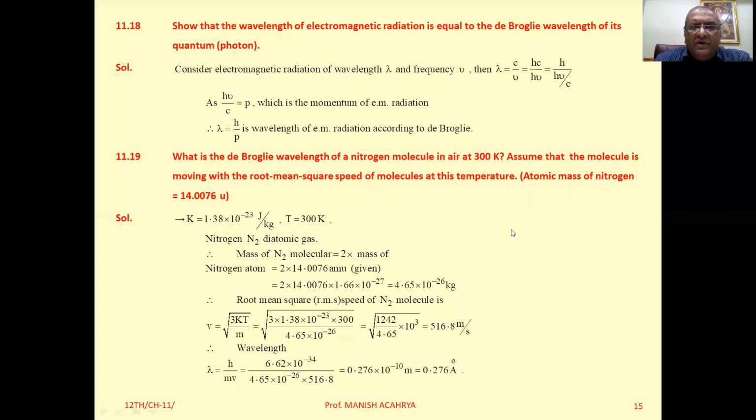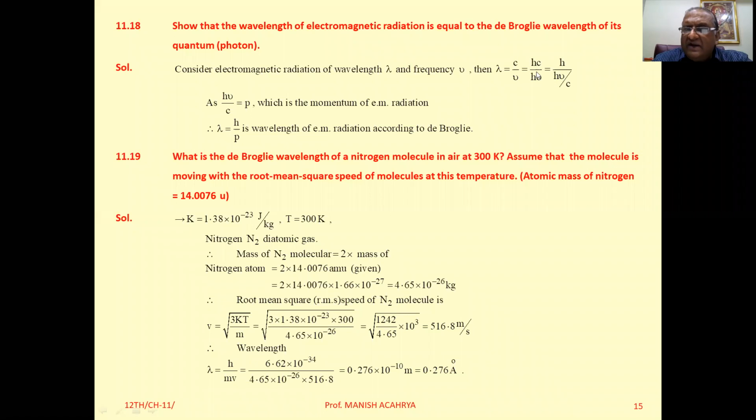Then 11.18. Show that the wavelength of electromagnetic radiation is equal to the de Broglie wavelength of its quantum or photon. Very simple thing. See, we have lambda, that is c by nu, the frequency, or you can write c by f. Multiply and divide by h, so hc by h nu.